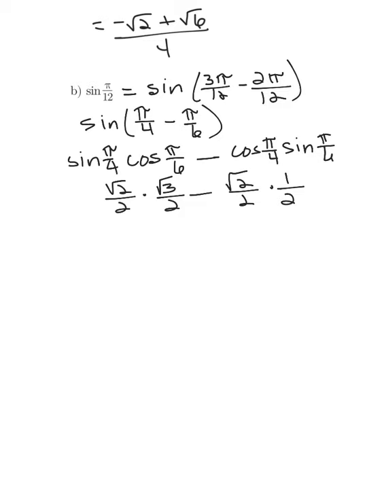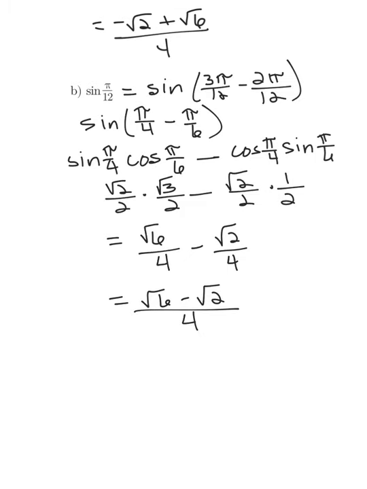Do your multiplying, so you will get the square root of 6 over 4 minus the square root of 2 over 4. Now make it one fraction. You'll have the square root of 6 minus the square root of 2 over 4. Again, leave your answer like this because that is the exact answer.